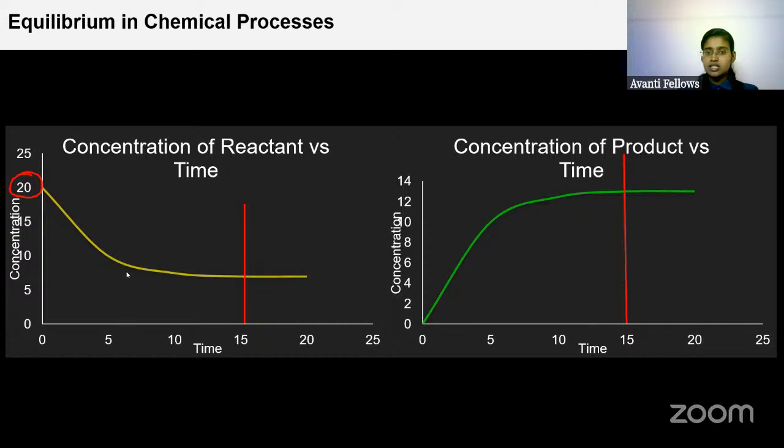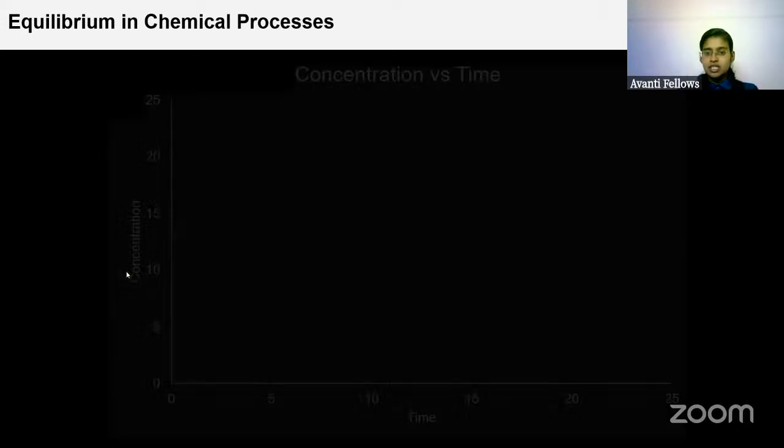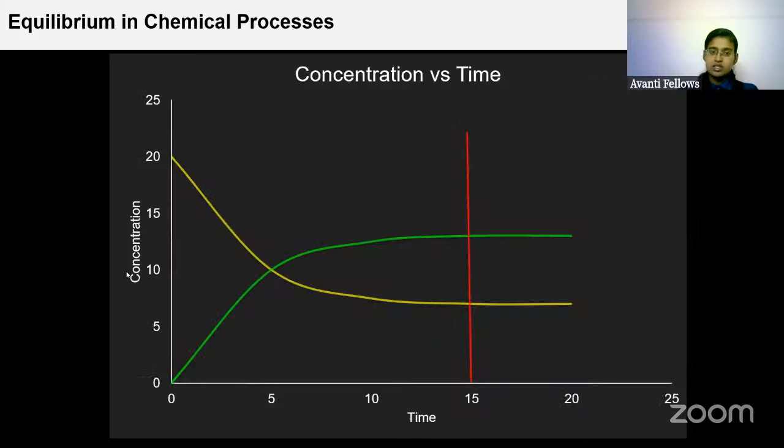Okay, the concentration of the reactant will decrease as time increases, and the concentration of the product will increase as time increases. These two can be plotted in a single graph, and the picture will look like this. The green line denotes the concentration of product, and the yellow line denotes the concentration of the reactant.